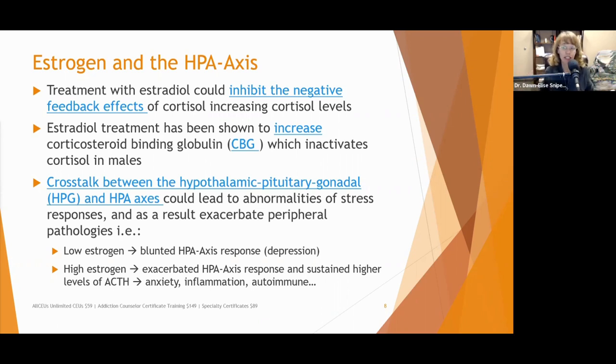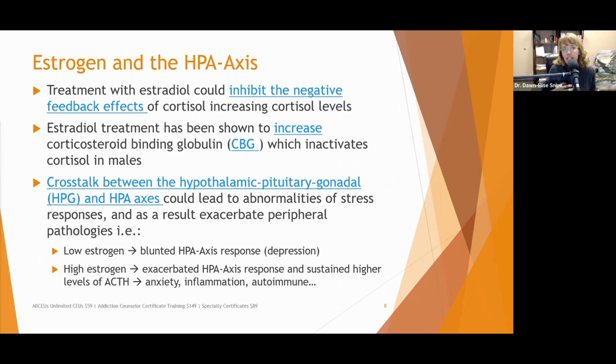Low estrogen, for example, can cause a blunted HPA axis response, that hypocortisolism, which often looks like depression. High estrogen can exacerbate an HPA axis response, produce sustained higher levels of stress chemicals, which produce anxiety, inflammation, and autoimmune responses.